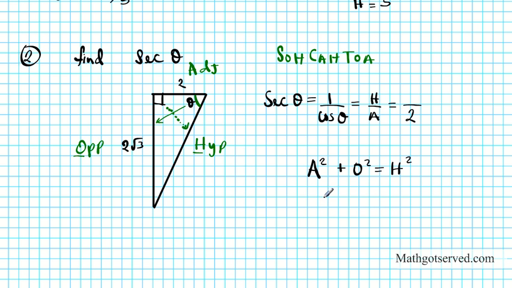So let's look for h so that we can find out what goes on the top. We plug in a is 2, so we have 2 square plus o is 2 root 3, put that in parentheses, square, equals h squared. Okay, the goal is to find h.